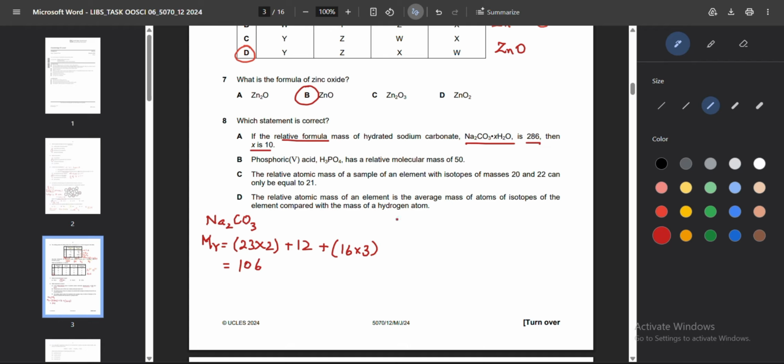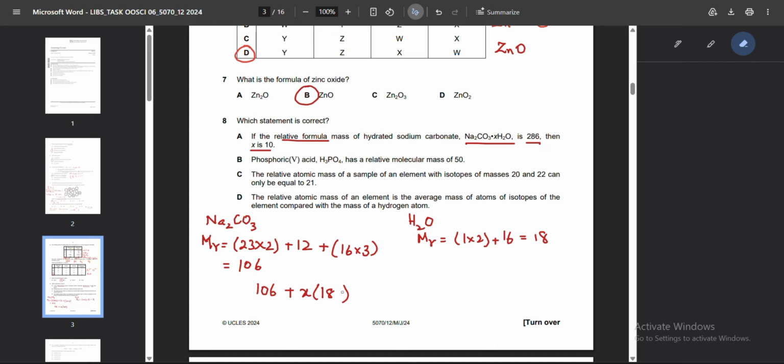Okay, and what is the Mr of water? Its molecular mass is 1 multiplied by 2 plus 16, so that makes 18. All right, now 106, which is the Mr of sodium carbonate, plus X molecules of water, the total mass should be as given in the question.